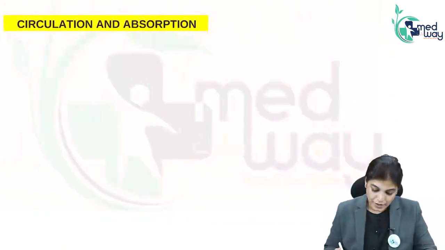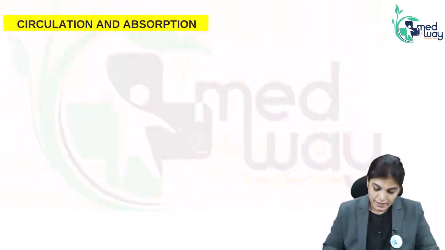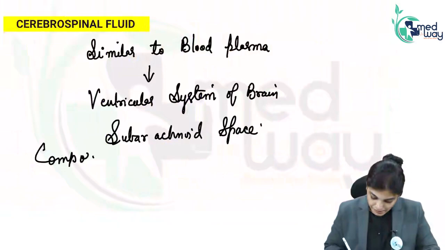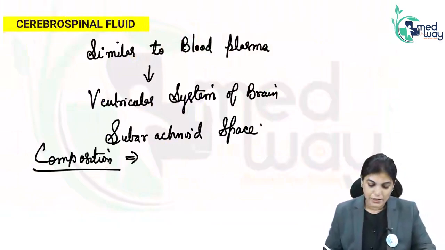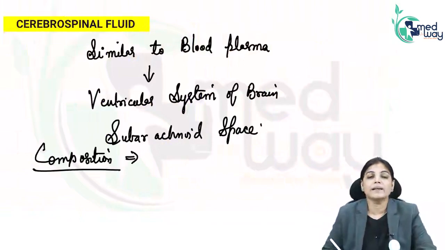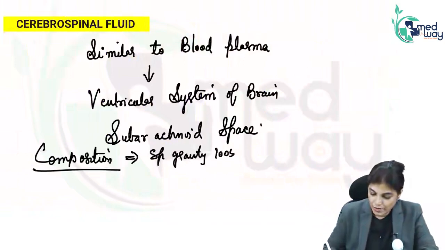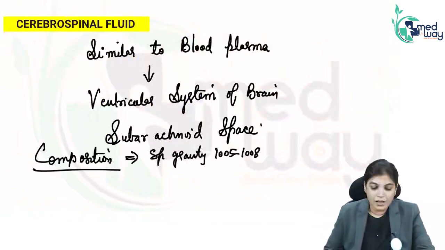As for composition, we will talk about absorption and circulation later. Before that, the composition is more or less similar to blood plasma. Specific gravity is approximately 1005 to 1008.